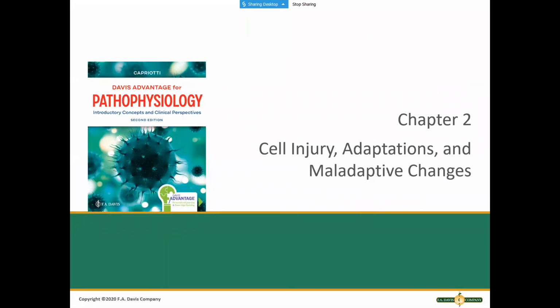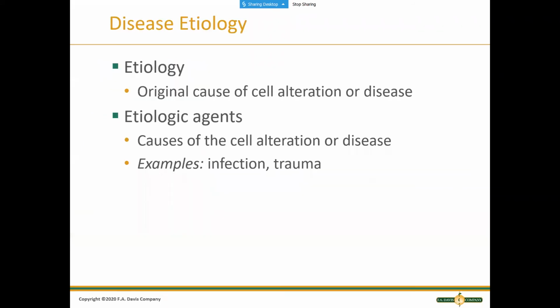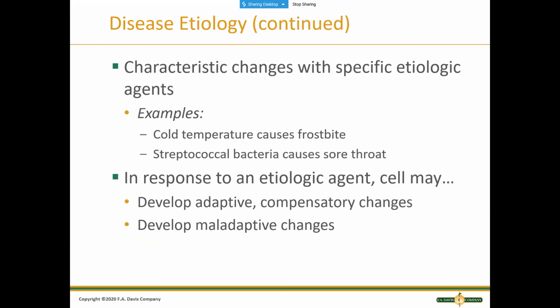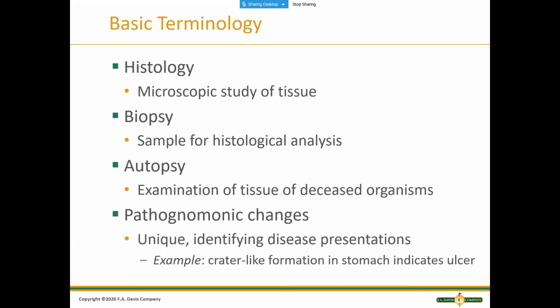Chapter 2, as far as PowerPoint goes, is just a bunch of terminology for the most part. Words like etiology, which is the original cause of the problem. Some other terminology that you'll see.